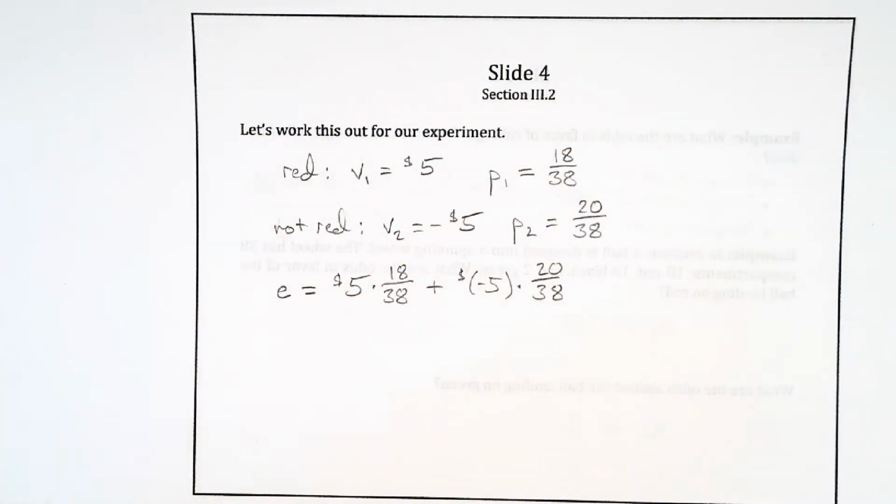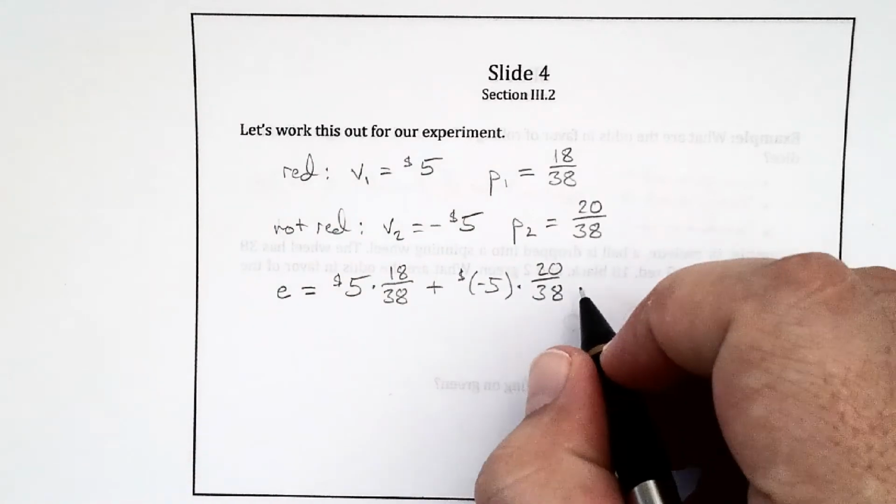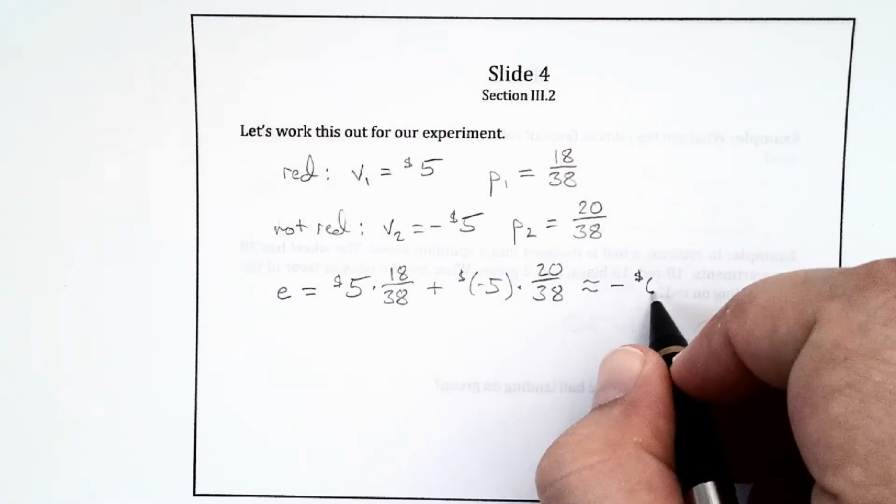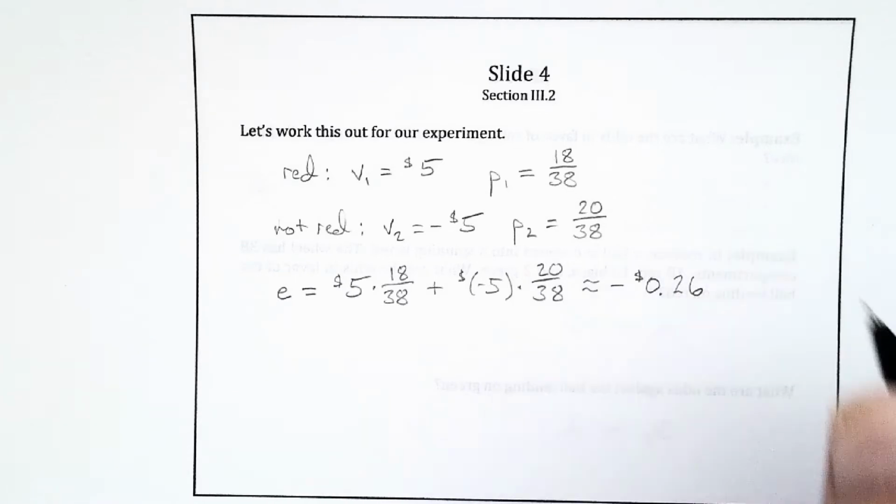What does that come out to? Okay, so I get approximately -0.26. That means you lose about 26 cents per play.